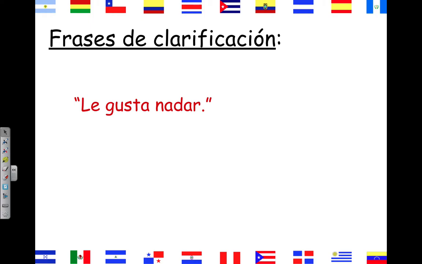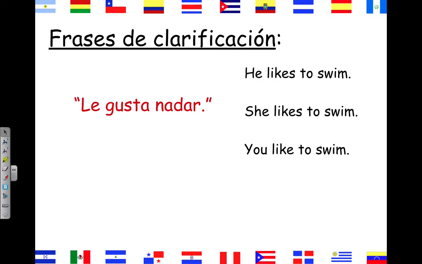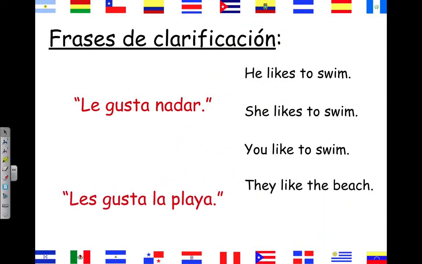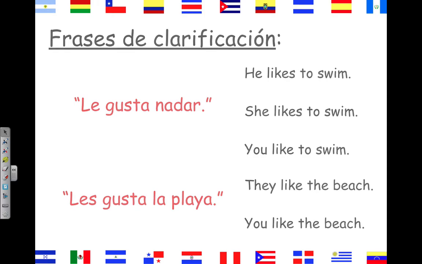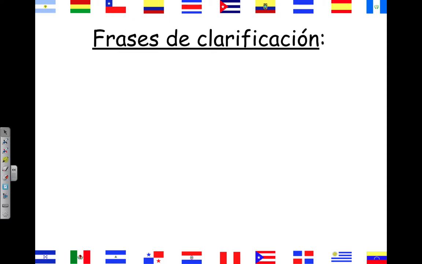So to figure out or clarify what we are talking about, we will sometimes add in a little something in front of it. We have the same problem with les. Les gusta la playa. They like the beach. Can also be you like the beach. We don't know. It's indeterminate, that le and les. So we're going to need to clarify. How do we do that? Like this.